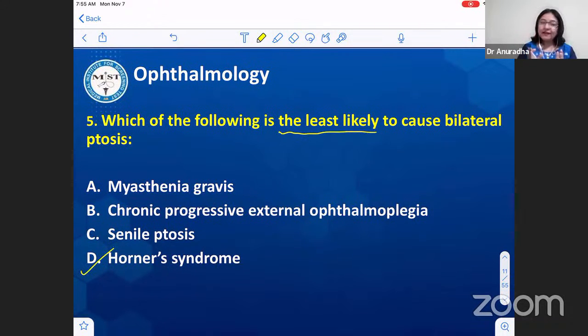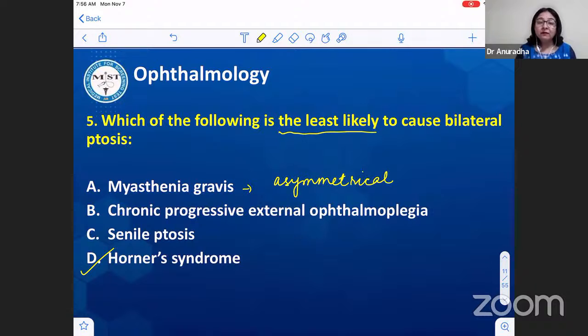Myasthenia gravis, friends, causes bilateral ptosis, though it is usually asymmetrical. Asymmetrical means that one eye may show more ptosis than the other. Then there is a condition called chronic progressive external ophthalmoplegia, in which there is paralysis of all the extraocular muscles as well as the levator palpebrae superioris.